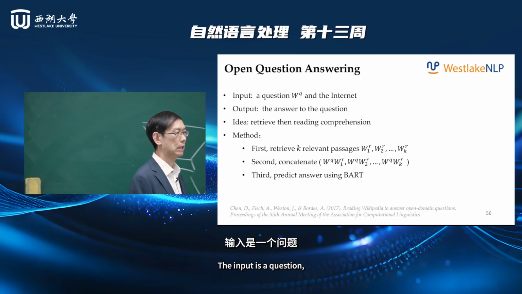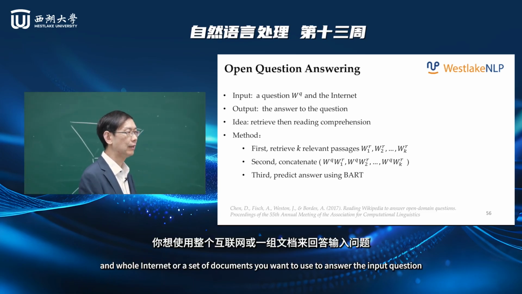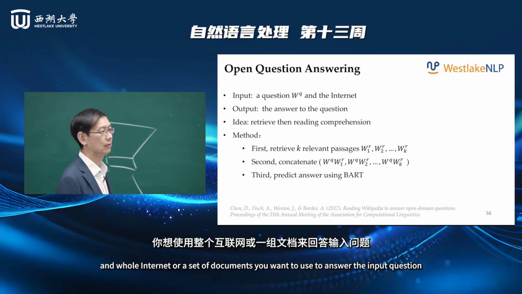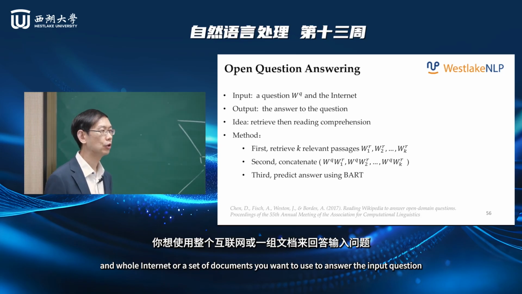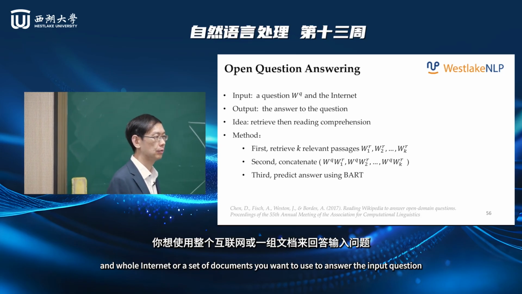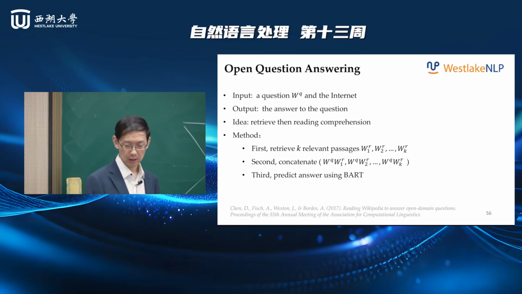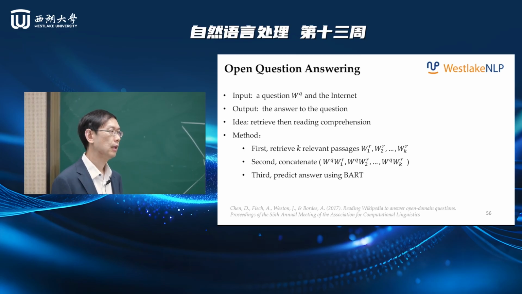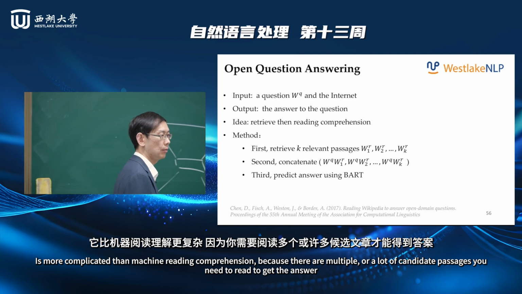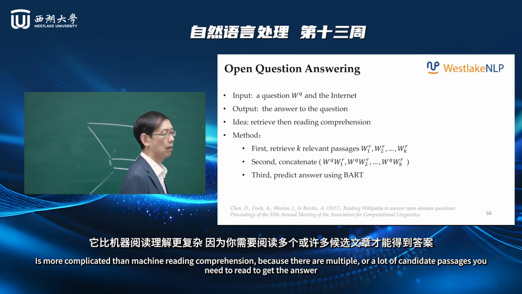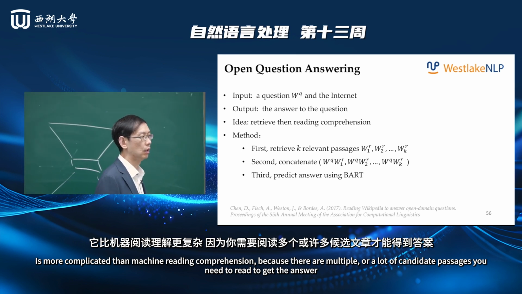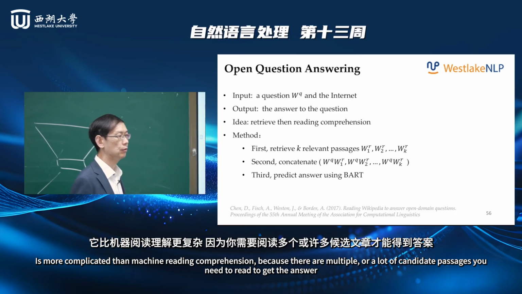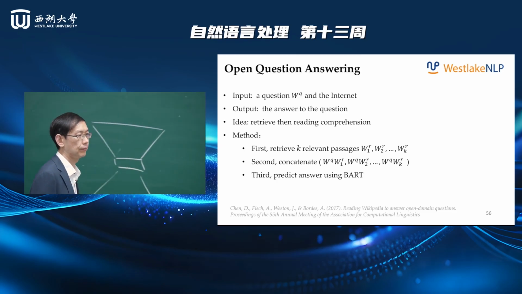The input is a question, and the whole internet, or a set of documents you want to use to answer the input question, and the output is the answer to the question. It's more complicated than machine reading comprehension because there are a lot of candidate passages you need to read to get the answer.